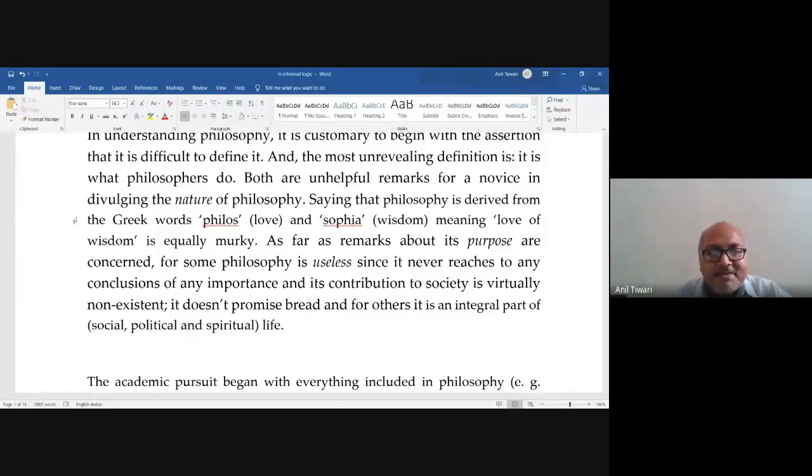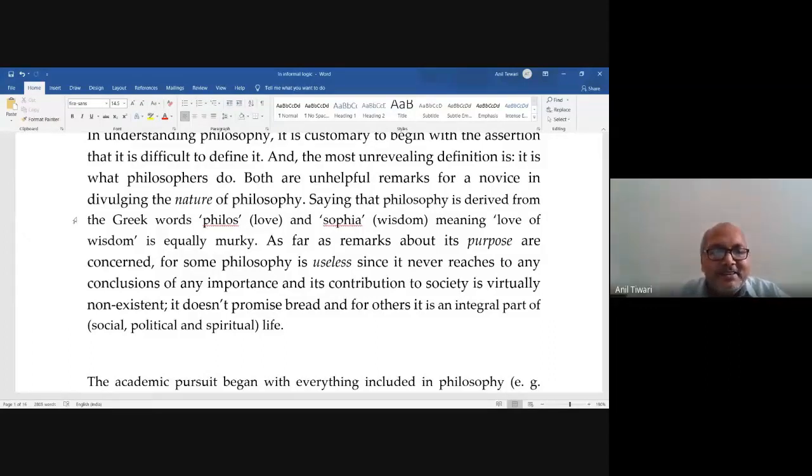This is one response, and therefore we don't find, in fact, bright people coming to undertake philosophy for study, right? We find only a few students who turn up, mostly those who don't get into engineering or medical or any other such areas.